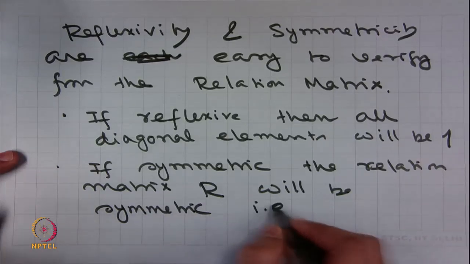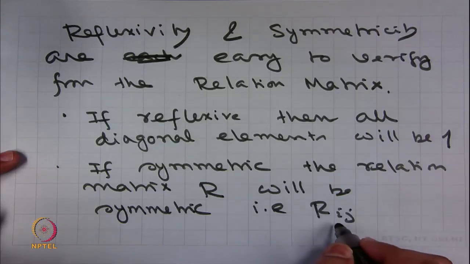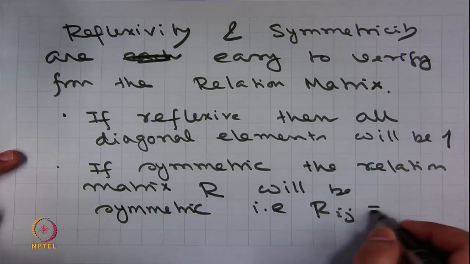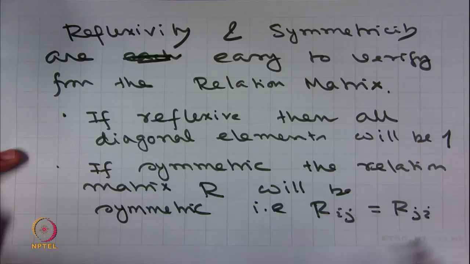That is R i comma j, the element at the ith row and jth column, will be equal to R j i, which is the element in the jth row ith column.